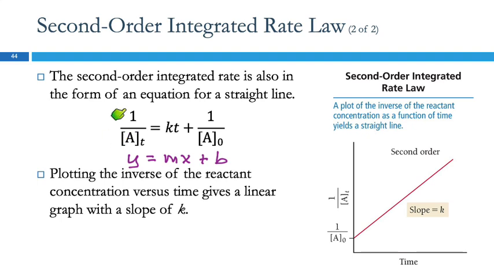So on the y-axis, I'm graphing 1 over the concentration of A at that given time. My rate constant is the slope, and my y-intercept is 1 over the initial concentration. Again, we're going to get a straight line if we graph it correctly. So we plot inverse of the reactant concentration versus time, and we get a linear graph with a slope of k. Any questions?